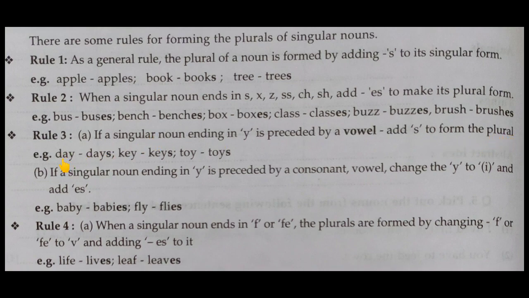So see the examples. Here the example is day, okay. So this word ends with y and it is preceded by a, which is a vowel. That's why to convert it into plural we just have to add s at its end, okay. The second word is key.